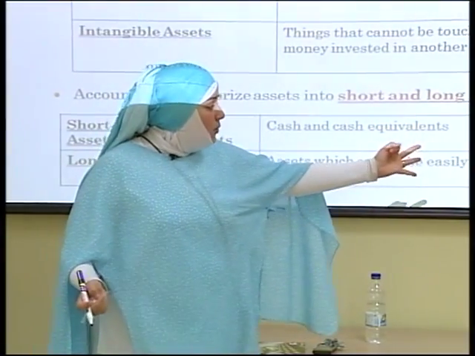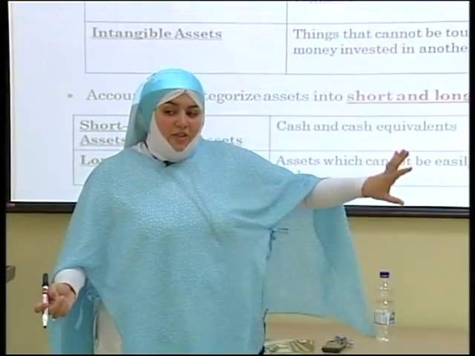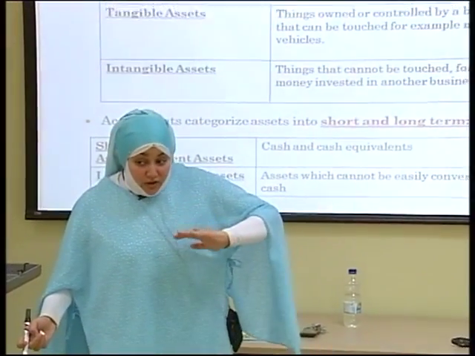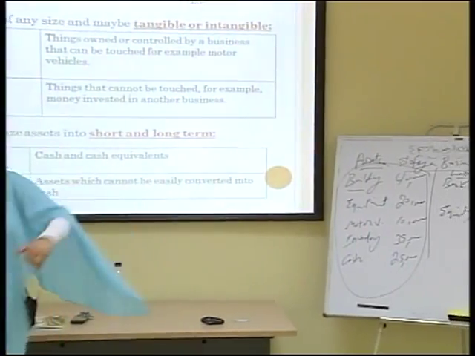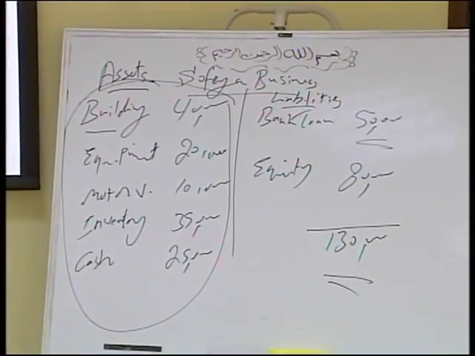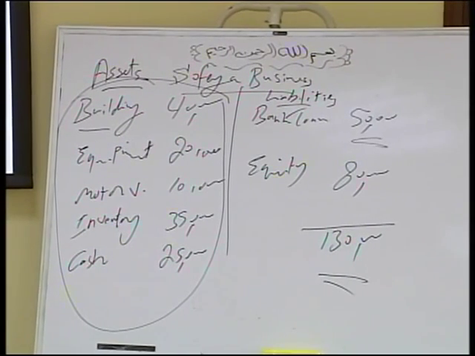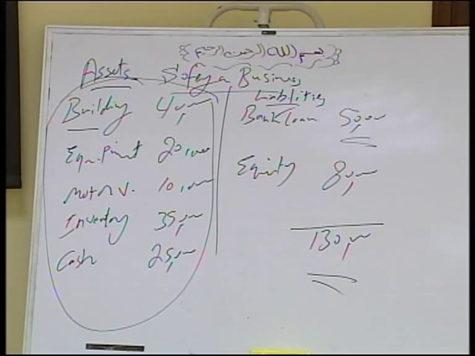Okay. When you got the building, the equipment, the motor vehicle, and all these things, and at the end you have a cash balance, right? So, what are the sources of getting these resources? These are resources, right? Of course, yeah. How did you get the money to get all these assets?